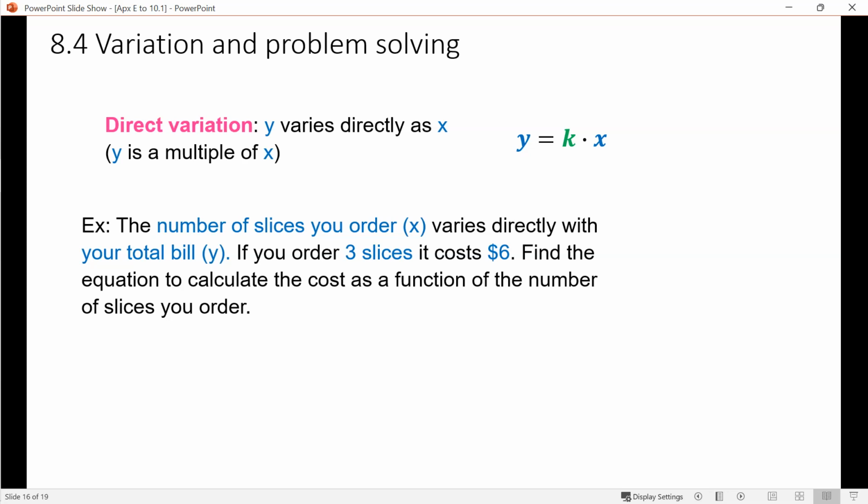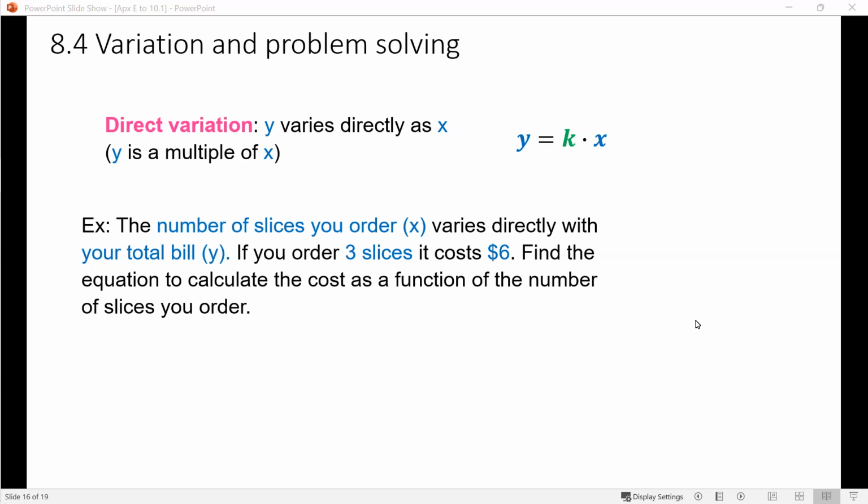Now our initial conditions say that if we order 3 slices, it's going to cost us $6. So now we want to find an equation that is going to give us the cost as a function of the number of slices that we order.